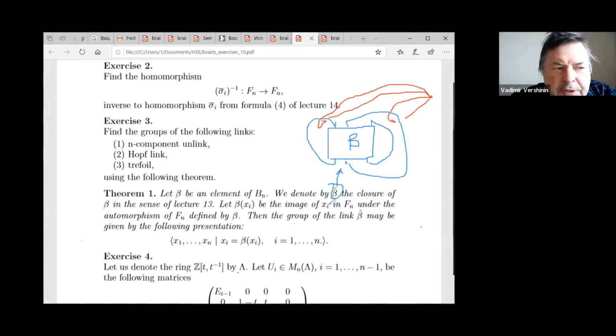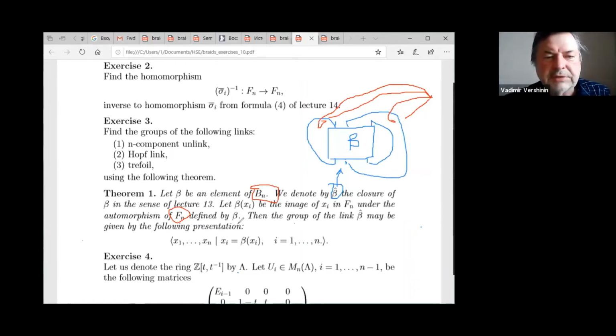But the braid beta has also another side, which is what we discussed. It is the automorphism of the free group. If beta belongs to B_n, the free group F_n on n letters comes into the game. So beta is an automorphism. I use even the same notation, beta.